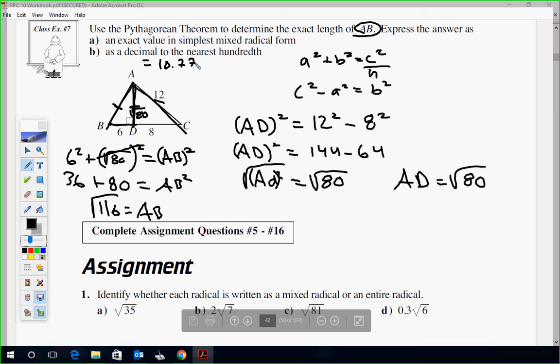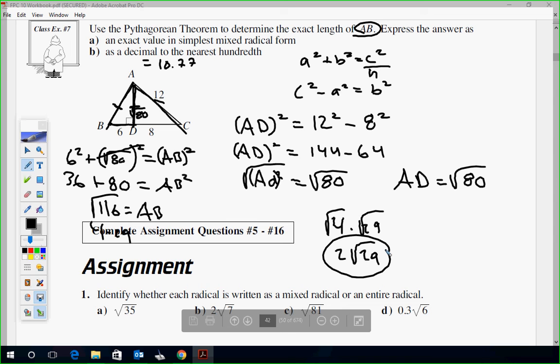Nope. Okay. 9, nope. And then there has to be 4 if they're really wanting us to break it down. And then what is it? 4 times 29. Sorry, I'll write it over here. It's 4 times 29. So your simplest answer is 2 root 29. That's your simplest radical answer.